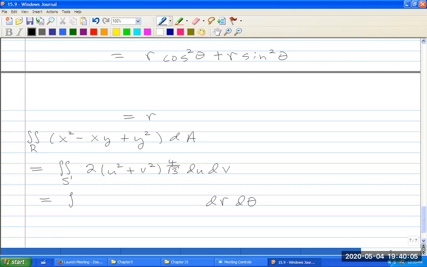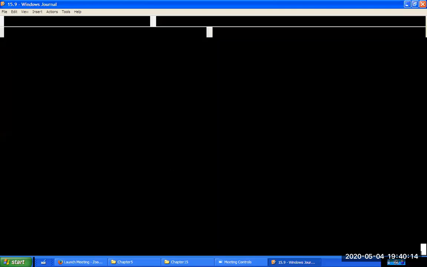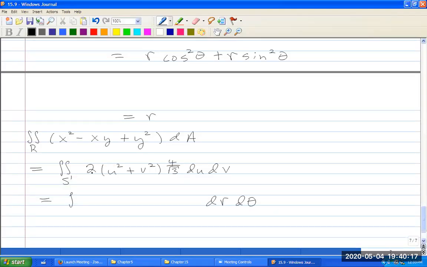Okay. And so this is equal to 2 times 4 over rad 3 is 8 over rad 3, u squared plus v squared is r squared times the Jacobian, which was r, so this is an r cubed.